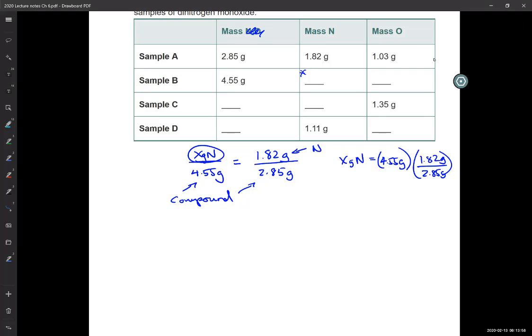And you can do that as long as you're given 2 of any of them, you can figure it out, right? So you have 2 of one sample. That's this sample here. You have all the information you need from that sample.